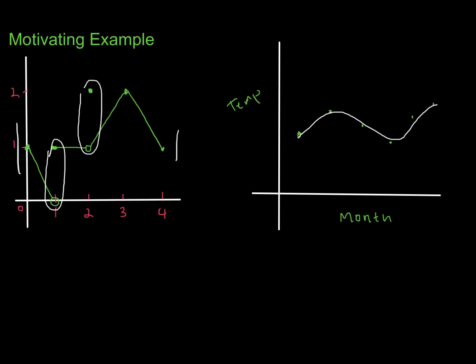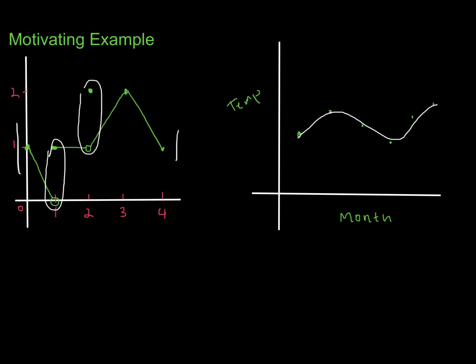Let's think about, if you had a point where it's discontinuous, what is the limit as you approach that x value? So here we notice that the limit as x approaches 2 does exist, right? That limit is 1. But why is it discontinuous? Well, it's discontinuous because actually at 2, your function is not at 1.